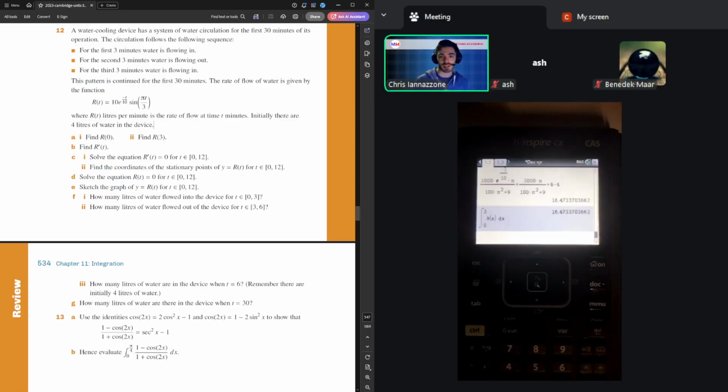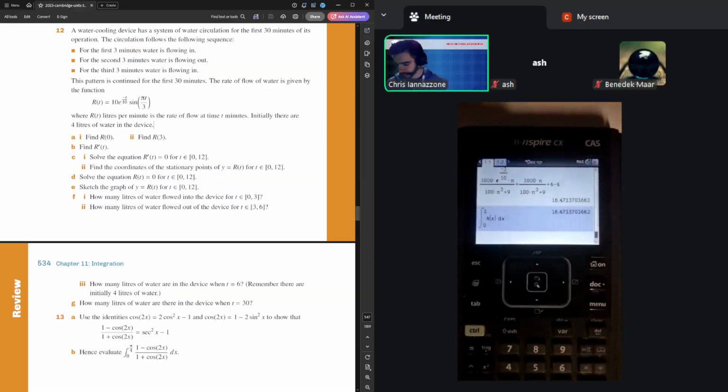Second, you do capital F of top minus capital F of bottom. So in other words, once again, antidiff like we did before, shove in t equals 3, subtract from subbing in t equals 0. So it's the exact same steps outlined that we just did, except you're condensing that down into a single line of working. Is it clear enough why doing a definite integral works there? Awesome.